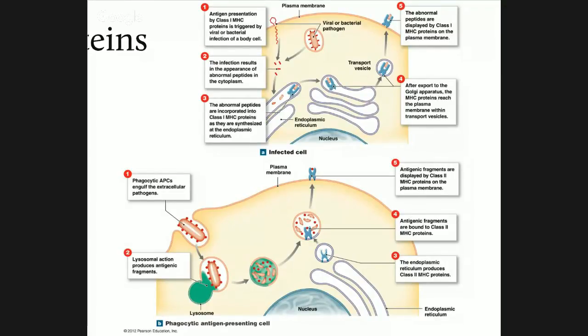So these two different shaped MHC molecules, class 2 here on the phagocyte and class 1 here on the body cell, are there to prepare to present to the T cells.